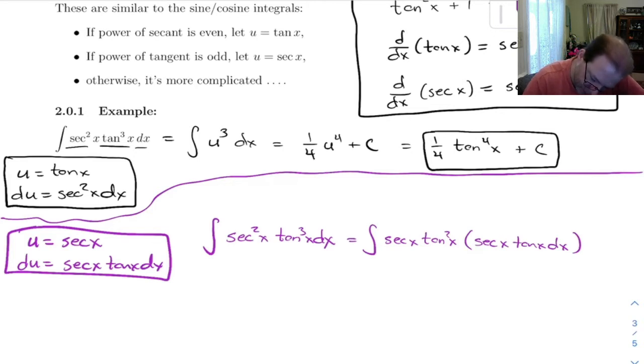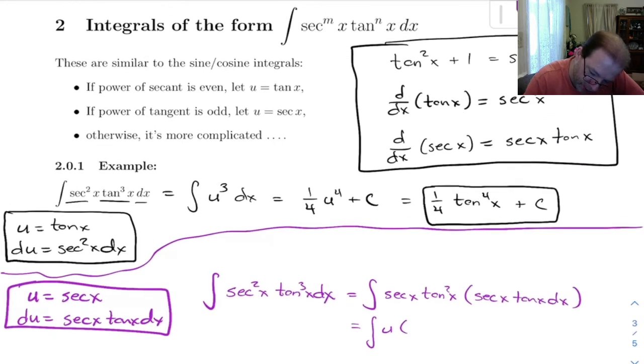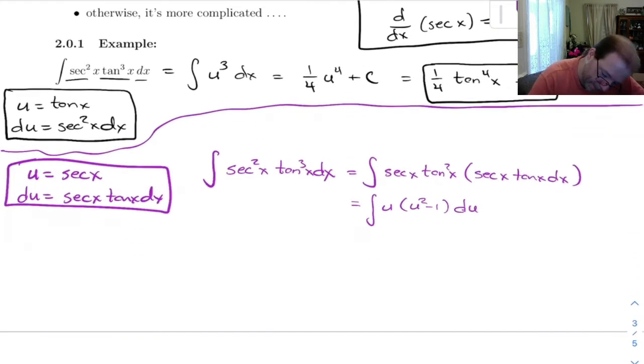Let's see, this secant becomes u. This tan squared here gets replaced with secant squared minus 1. So that's u squared minus 1. And then secant x tan x dx is just my du. So I can rewrite this as the integral of u cubed minus u du.